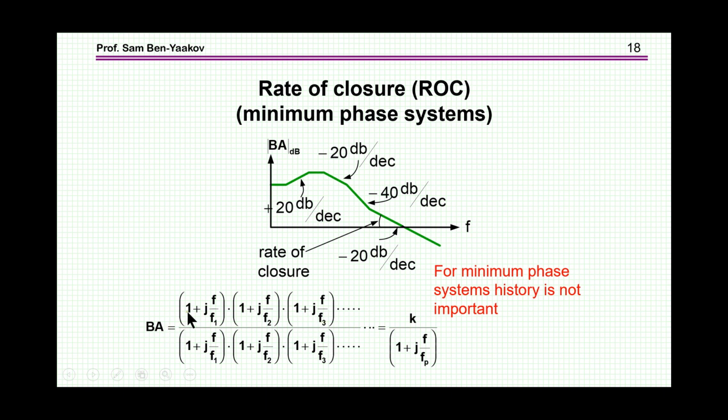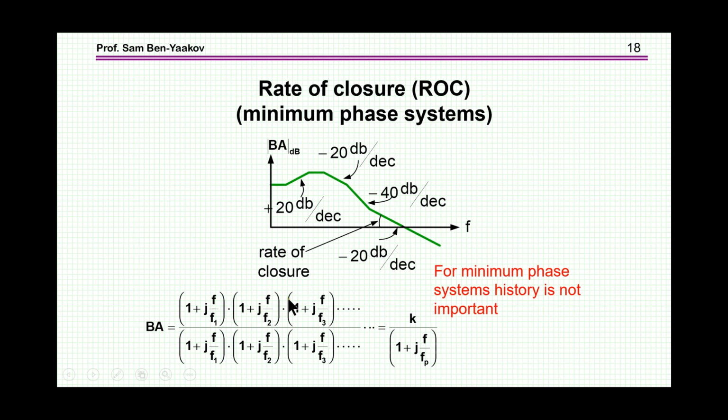Now, this is a 0, this is a pole. We have many zeros, we have many poles, and what happens is that each 0 is causing an increase associated with a phase advance of 90 degrees.